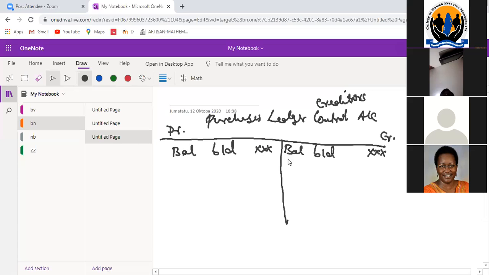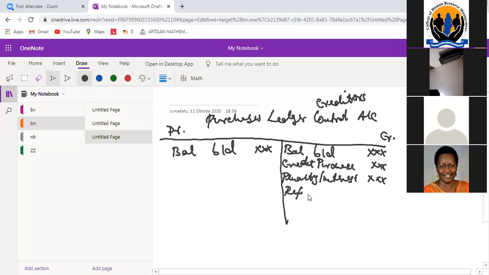And then what will increase the creditor's amount? Number one, it is the credit purchase. If we continue buying on credit, it increases the creditor's amount. Number two, it is the penalty or interest. If they charge us interest because we have delayed paying our account, then it is going to increase the amount that we are supposed to pay them.